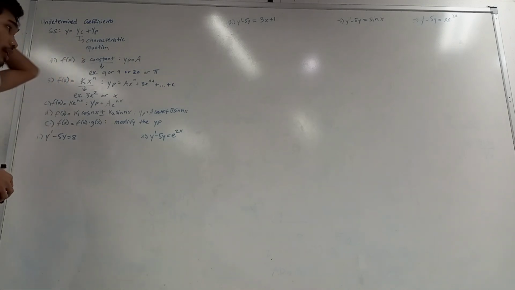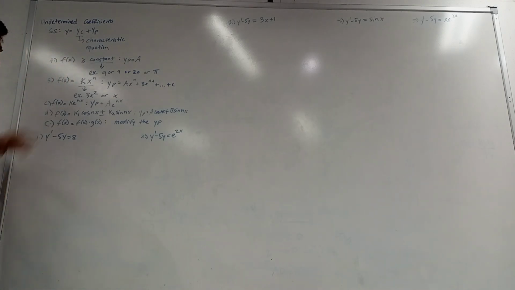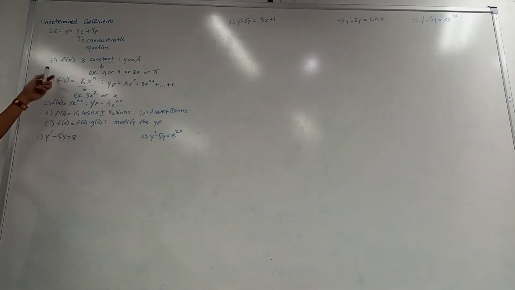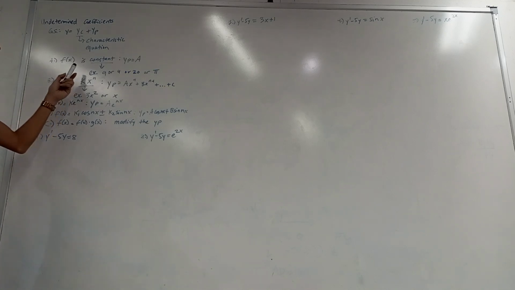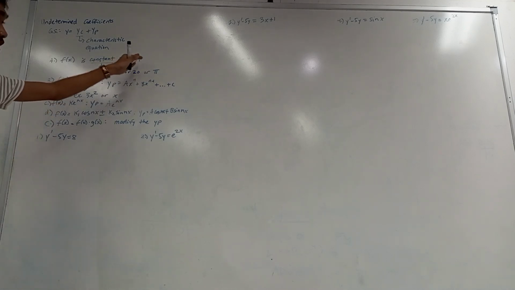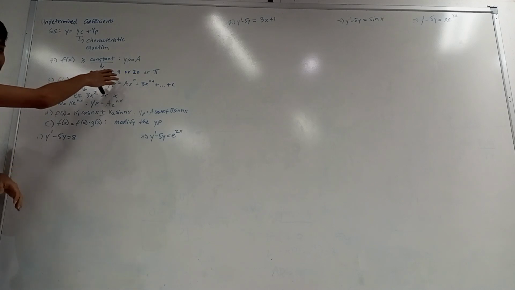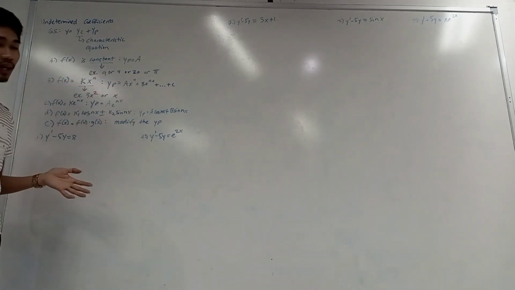So, si yp can be found using yung theorems ng undetermined coefficient. So, first is yung sa A, which is yung if ang f of x daw is constant, then yung yp is equals to A. So, ano yung constant? So, constant is either 9 or 4 or 20 or pwede din 5.